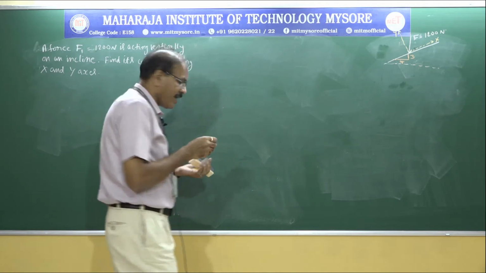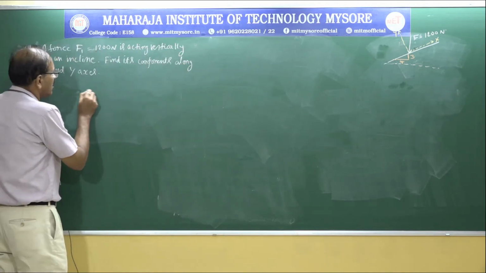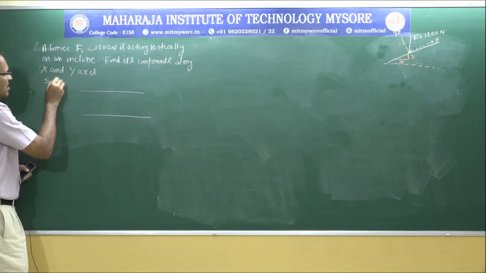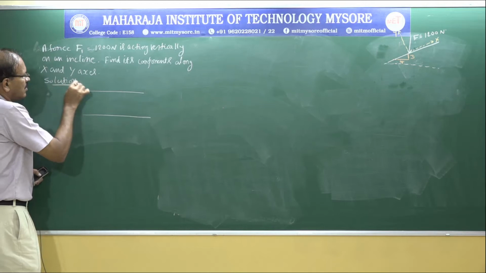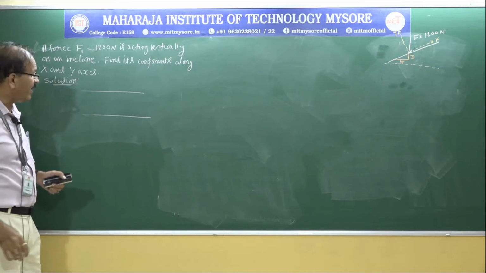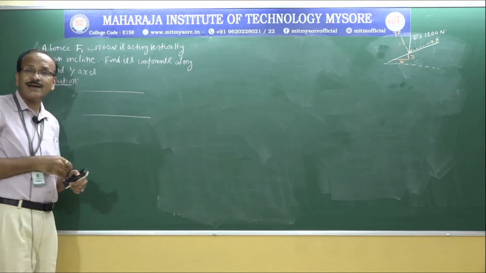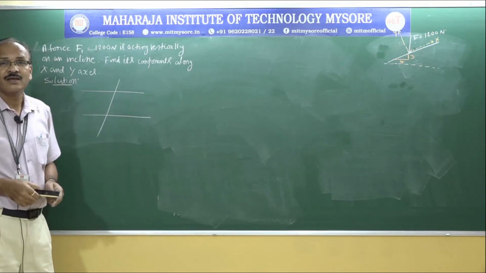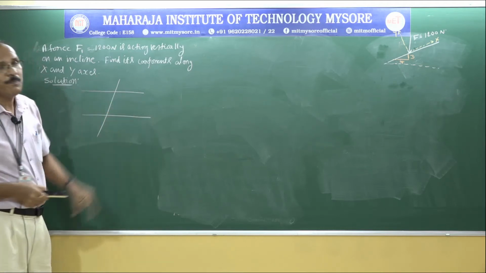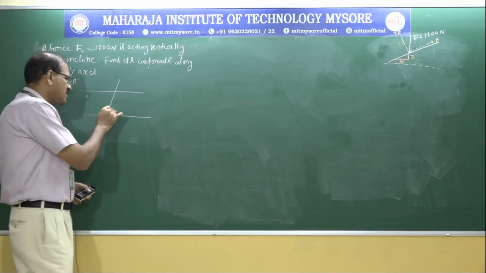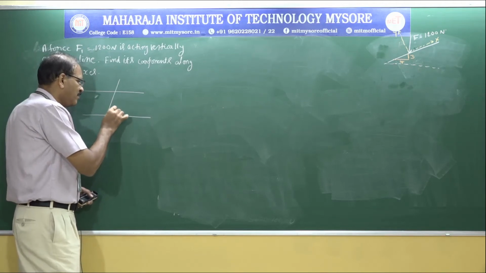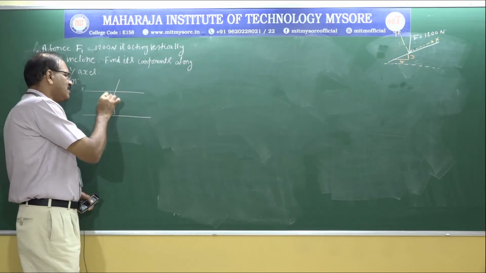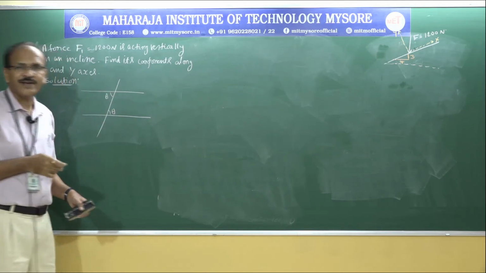Before starting any angle, I am going to remind you of basic high school geometry. These two are parallel lines. If I draw a line that cuts these two parallel lines, and call this angle theta, this angle should be theta because these two are alternate angles.